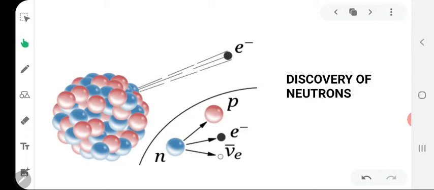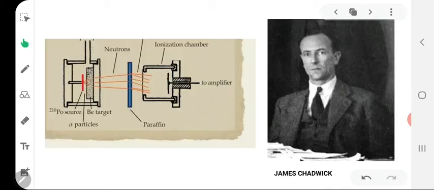Its mass must be the same as that of a proton, but it is expected to have no charge. These neutral particles, later named neutrons, were actually discovered by Sir James Chadwick in 1931 when he bombarded a thin foil of beryllium metal with fast moving alpha particles.